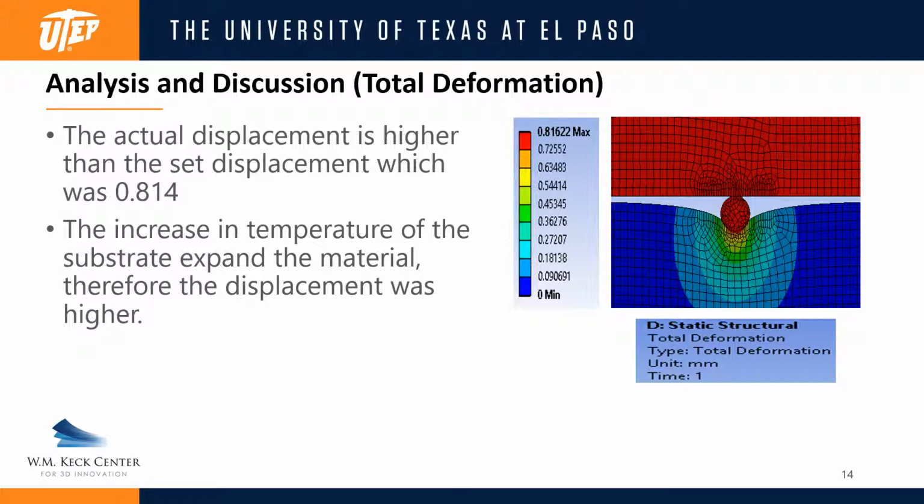So right now, after all my boundaries that I mentioned before, the actual displacement of the wire within the substrate is 0.8162 millimeters, while the set displacement was 0.814 millimeters. So I'm assuming that the increasing temperature is making the substrate expand, and therefore the displacement is higher than the set displacement and the boundary conditions.